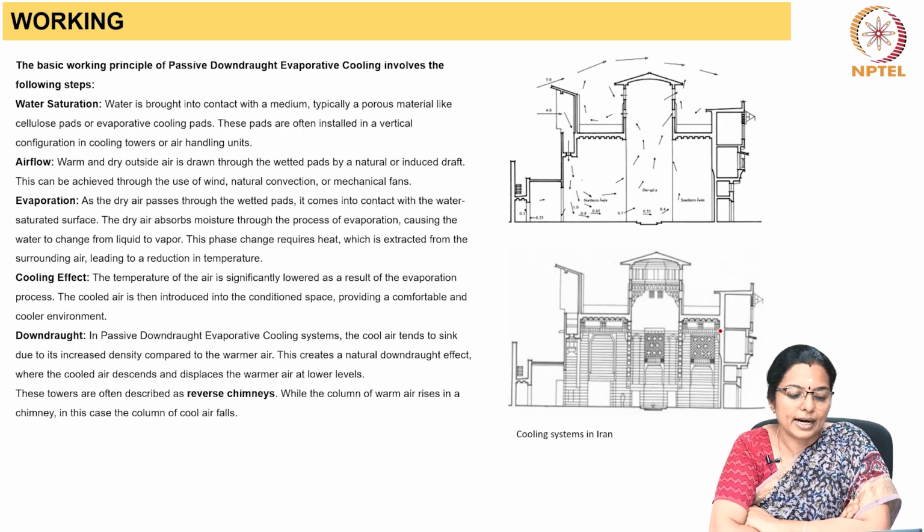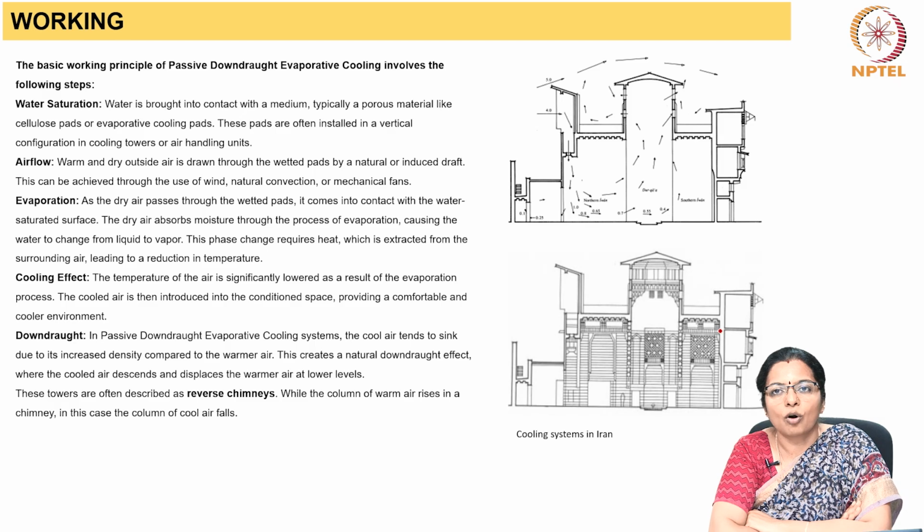Let us now look at the basic working principle of PDEC. The passive downdraft evaporative cooler requires water saturation. Water is brought into contact with a medium, which is typically a porous material like a cellulose pad or evaporative cooling pads.